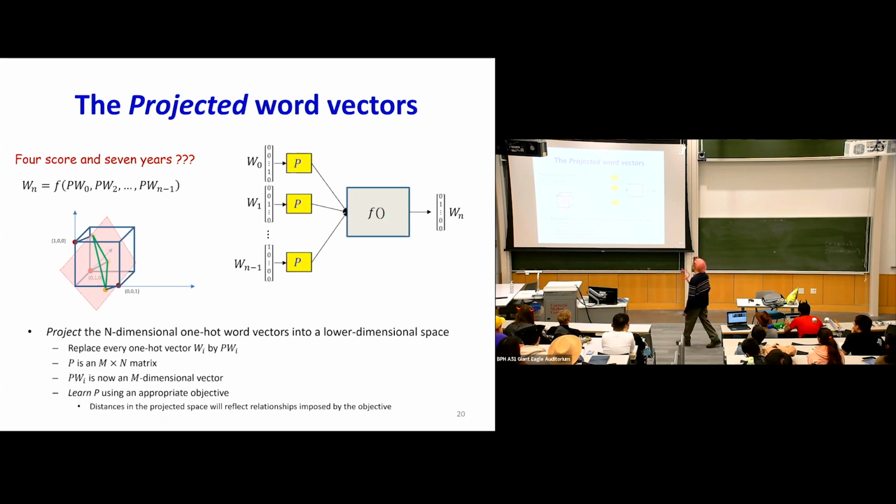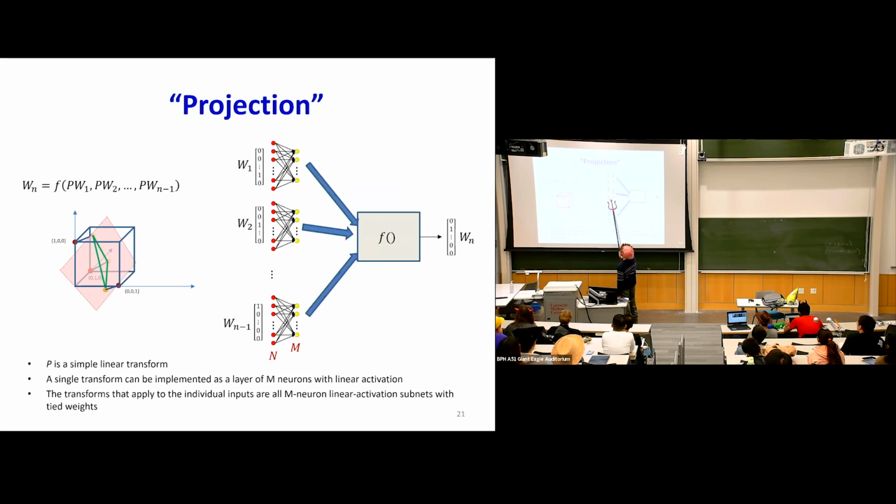So you'd be putting every one of these one-hot vectors through this projection P before passing them into a prediction function. Multiplying by matrix P is like putting it through a network which converts n components to m components.